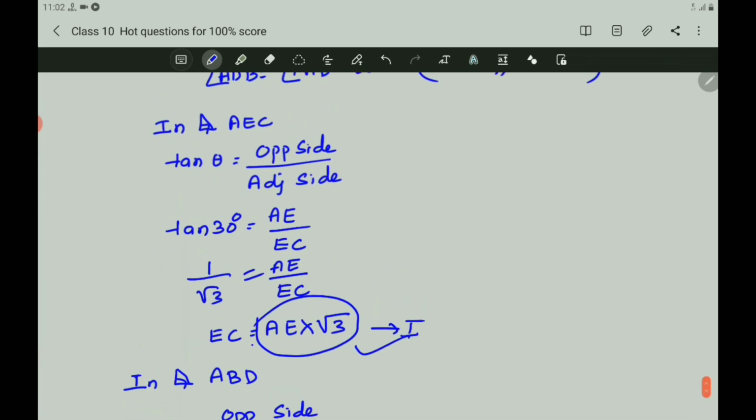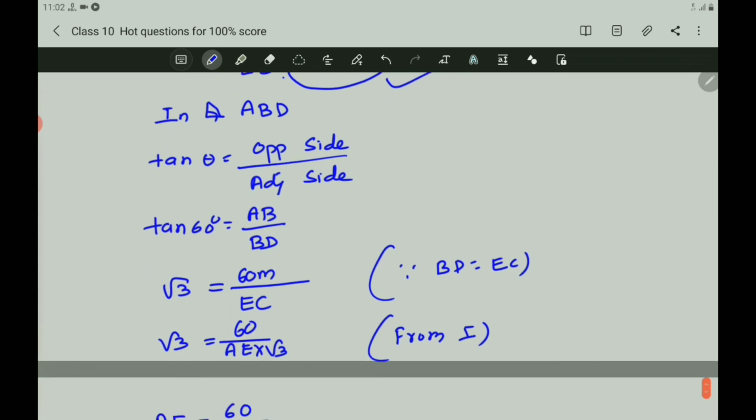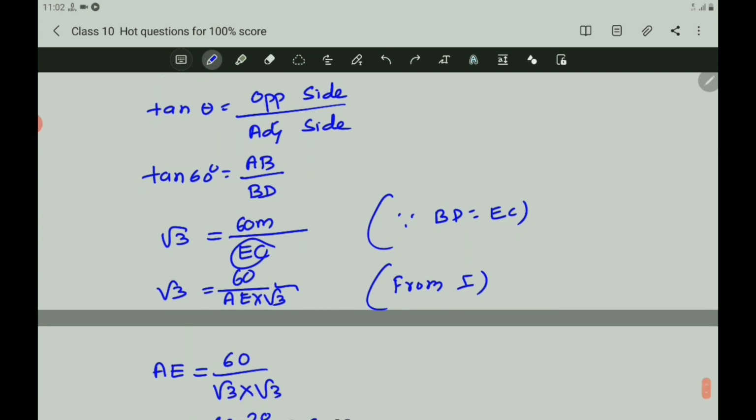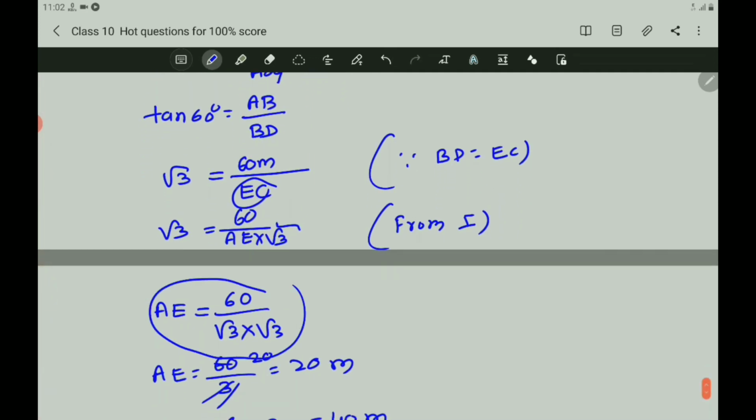You got that relation by using this triangle AEC and tan 30 degree. And in the place of EC we have taken that relation, and that way we got the value of AE. The value of AE is 20 meter.